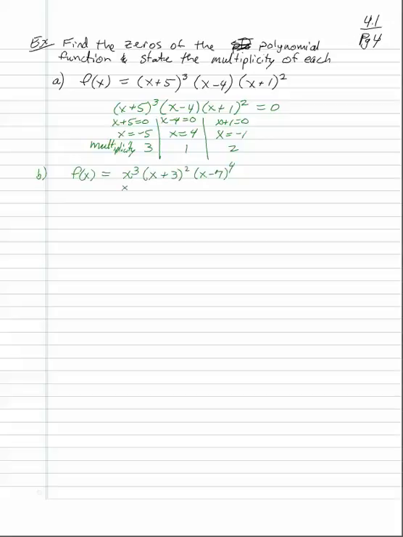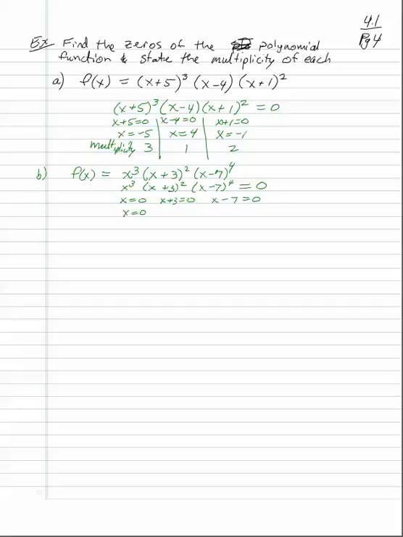Okay, let's try another one. X cubed, x plus 3 squared, x minus 7 to the 4th. Set it equal to 0. So x equals 0, x plus 3 equals 0, x minus 7 equals 0.